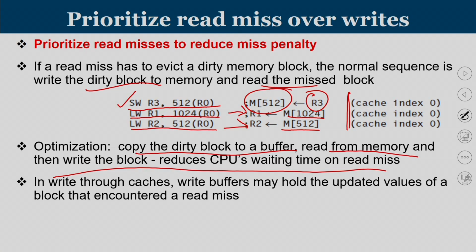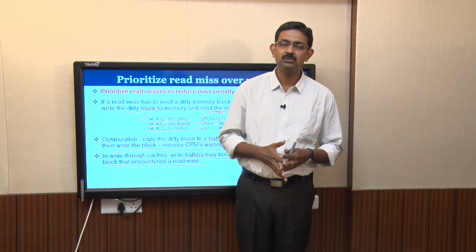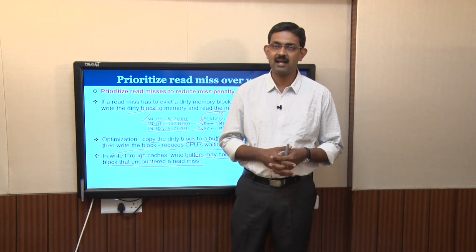In write through caches, write buffers hold the updated value of the block, and when you encounter a read miss, you have to read from these write buffers as well. What do you mean by write through cache? We have seen in our last lecture, caches are divided into two based upon where write updates are happening.